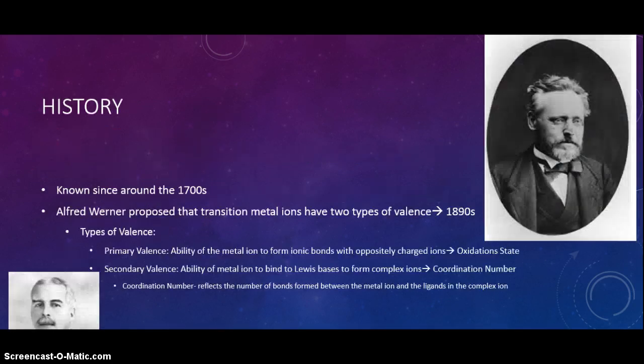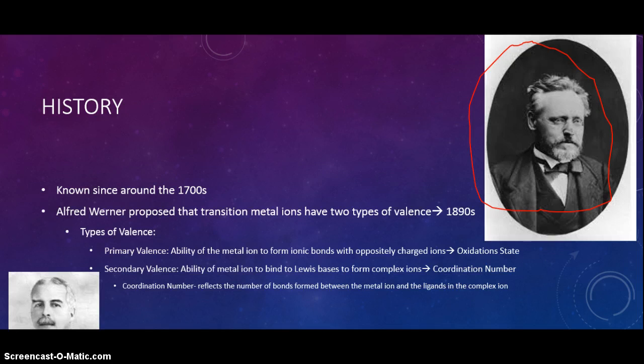Here's a little bit of the history of coordination compounds. They have been known since about the 1700s, but they were not truly understood until the 1890s, when Alfred Werner proposed that transition metal ions have two types of valence, or combining ability. This is a picture of Alfred Werner over here, and he was a Swiss chemist.